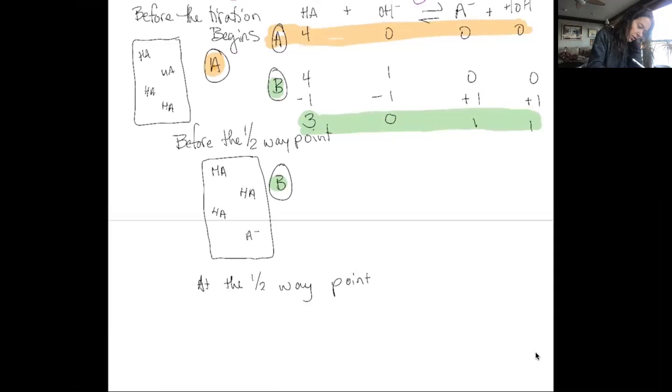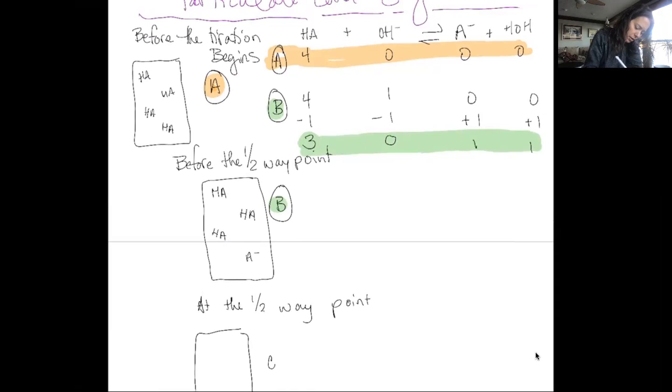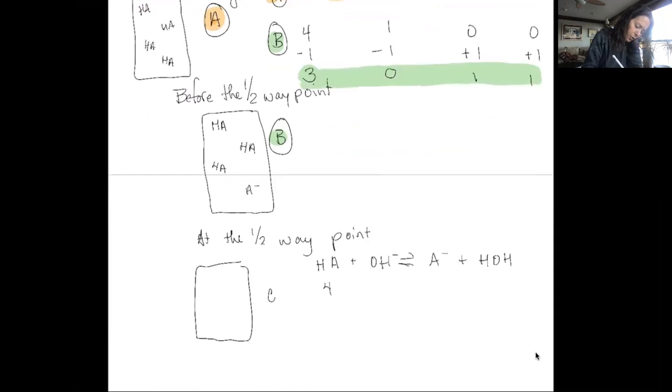In our next part, where we are at the halfway point, we'll call this C, and we've got our reaction up there. I'm going to rewrite it. We know that at the halfway point, we originally had 4.